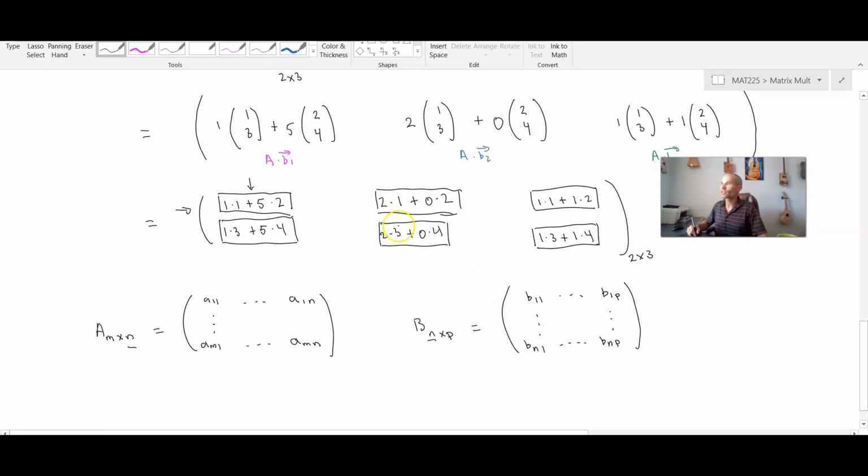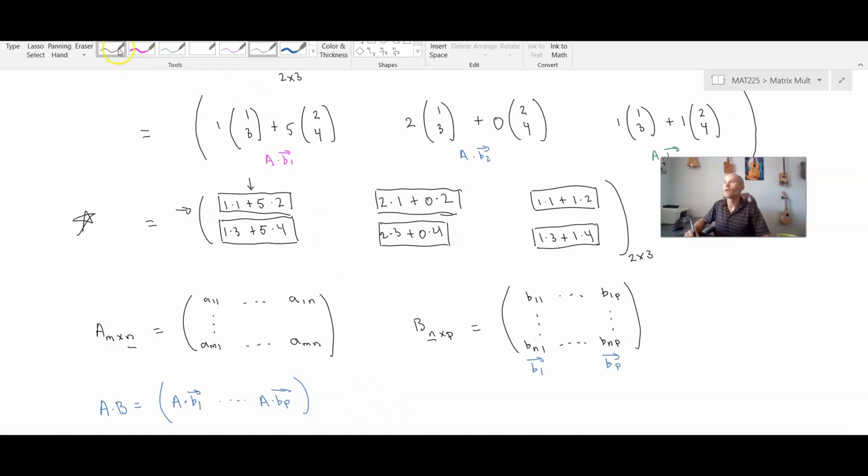Now, one way that we just thought about this specifically right here is, well, certainly we could call these columns B1 all the way up through Bp. And so we can think about A times B as being the matrix consisting of the matrix-vector products AB1 all the way up to A times Bp.